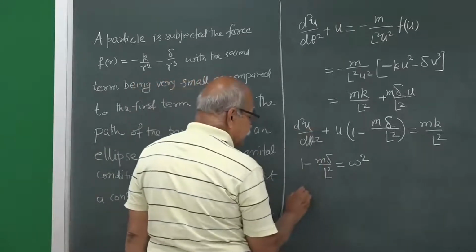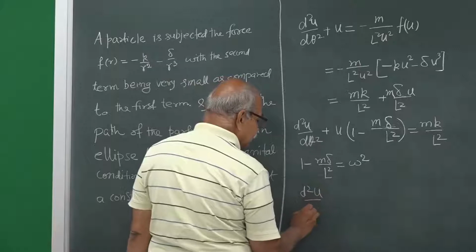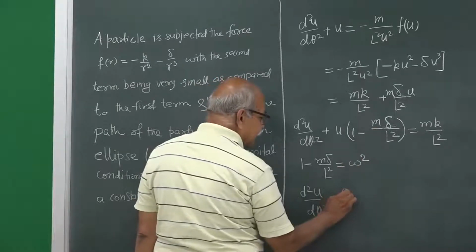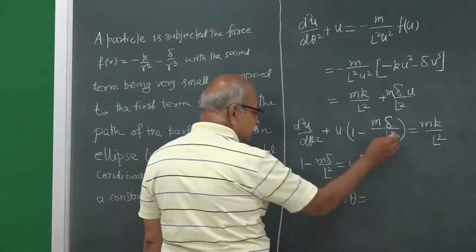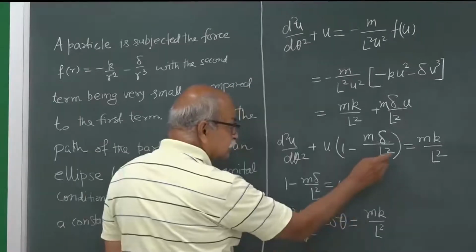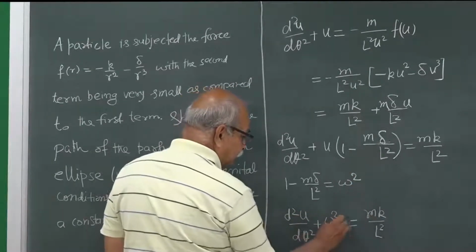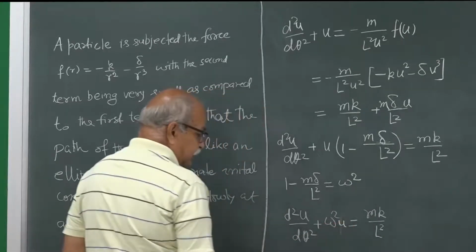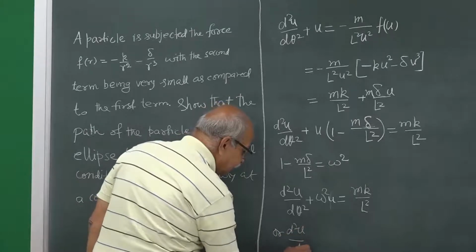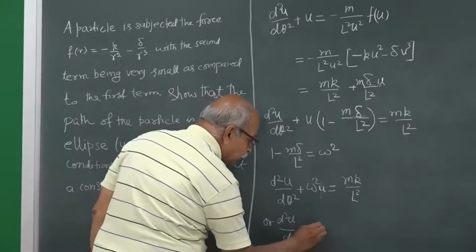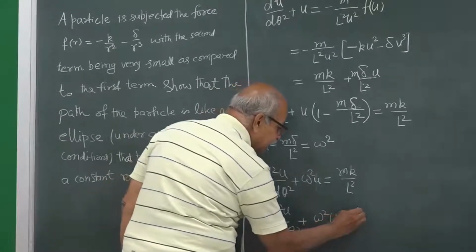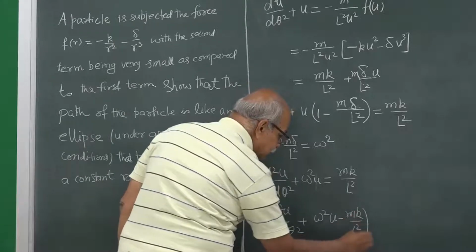And then this equation is d2u d theta square plus omega square u is equal to m k by L square, or d2u d theta square plus omega square u minus m k by L square is equal to 0.